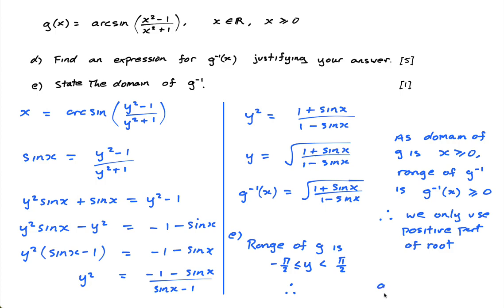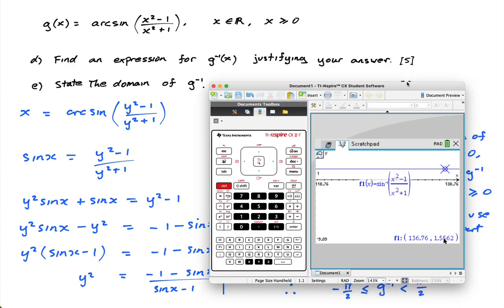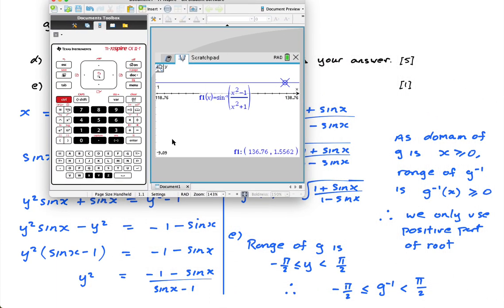The domain of g minus 1 is greater or equal to minus pi over 2 and less than pi over 2. And if you sketch this, well, let's do it. This is only 1 mark. Let's delete all this.